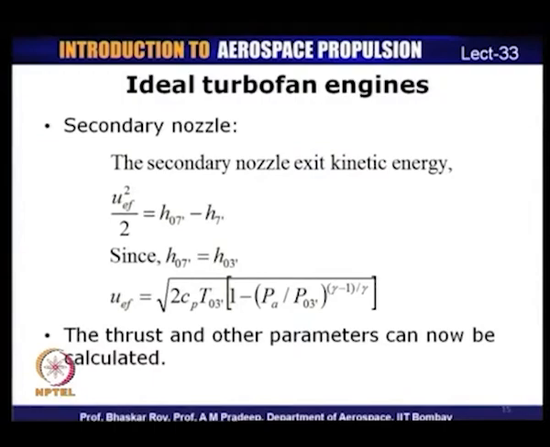So, how do we now calculate the thrust? Because the mass flow rates through both these streams are different, they are governed by the bypass ratio. So, now that we know the bypass ratio, we can calculate the total thrust, which will have two components, one from the core duct and the other from the bypass duct.